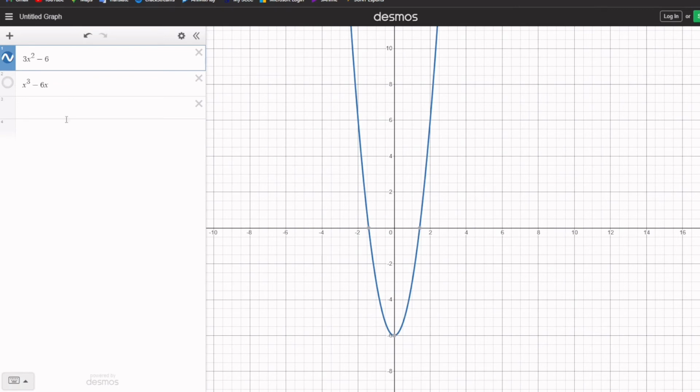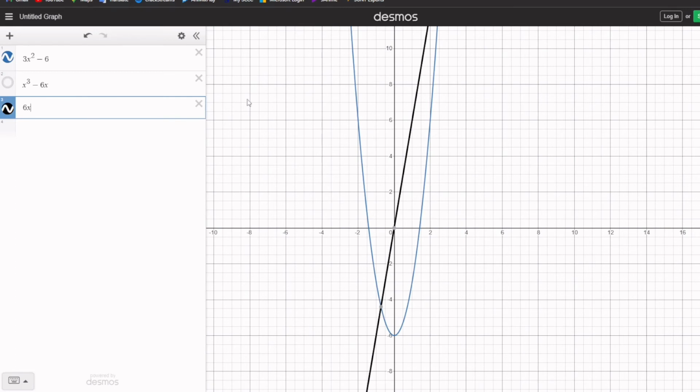But now we're going to go over the second derivative. The second derivative is dependent on when f prime x is increasing or decreasing. So let's take the next derivative of this. The derivative of 3x squared minus 6 is just 6x. That's it, just a line. We know that if f prime is decreasing, then the second derivative is going to be negative, and when it starts increasing, then the second derivative is going to be positive.